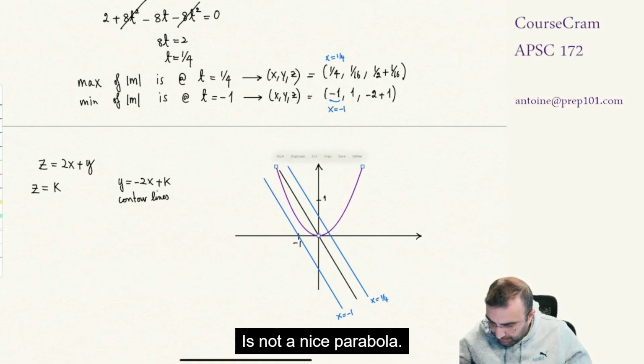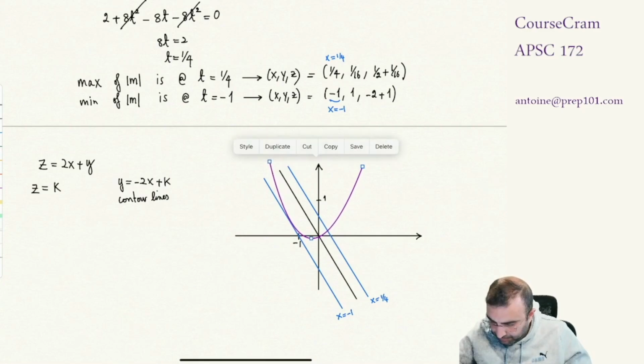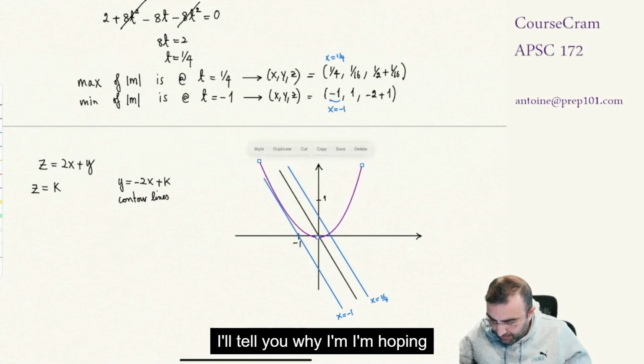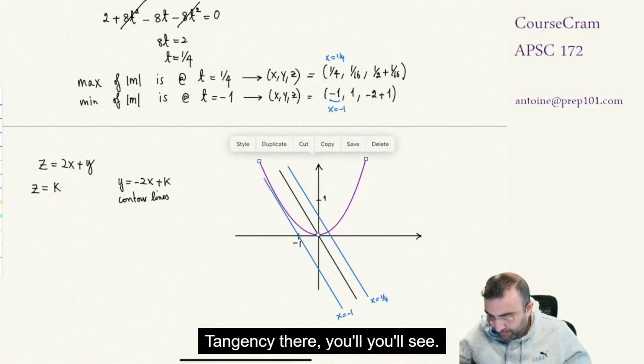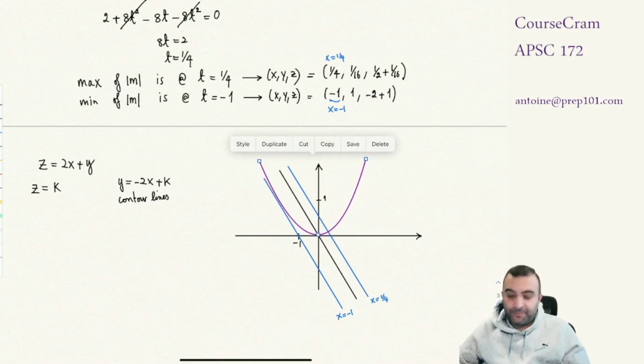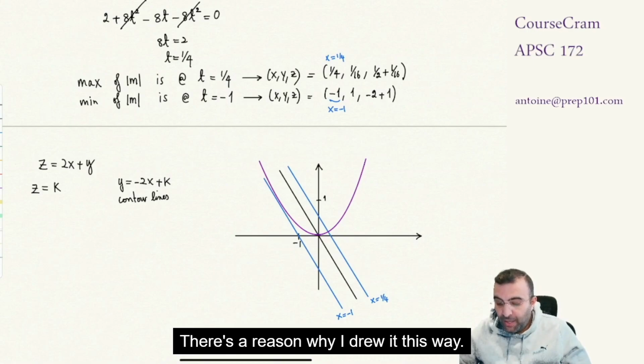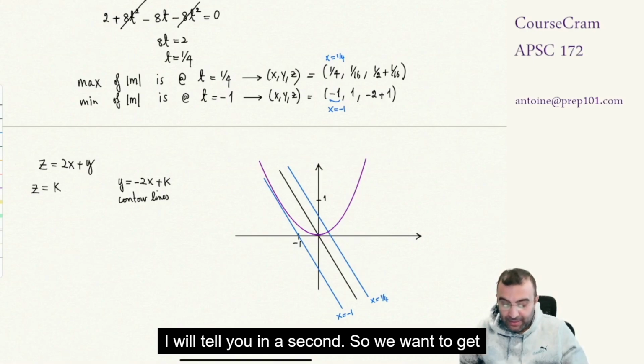This is not a nice parabola. I'm trying to. Okay, I'll tell you why I'm hoping for tangency there. You'll see. There's a reason why I drew it this way. I will tell you in a second.